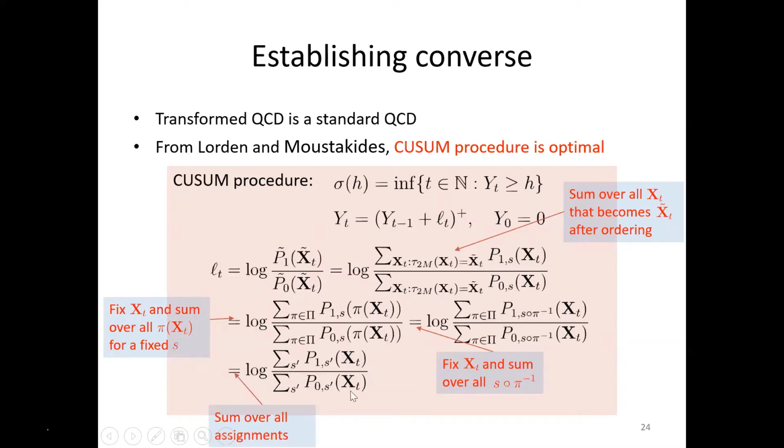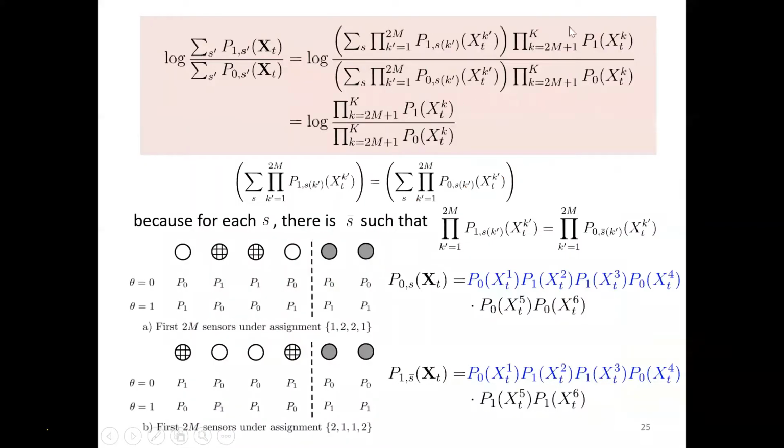So from here to here we can show that, and let me write out this term. That will become here, and you can see that this part corresponds to the last n minus m honest sensors, and this part corresponds to the first 2m sensors.